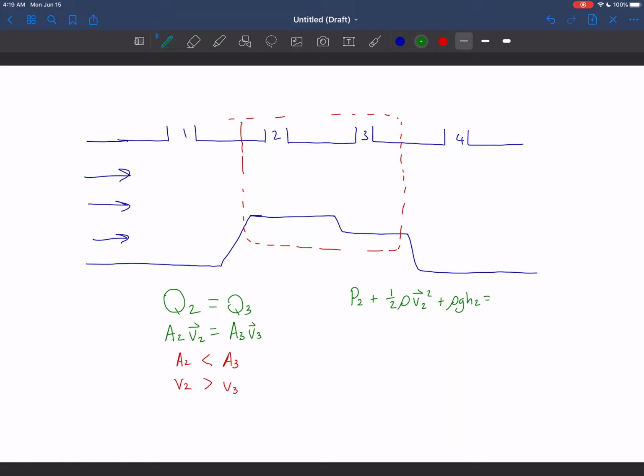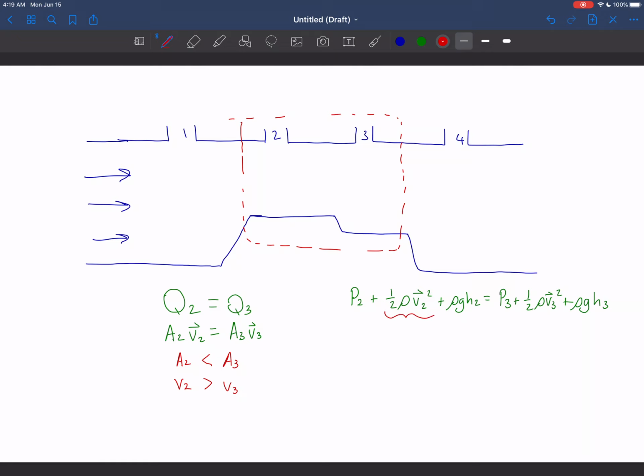You'll see it represented as Z, sometimes as H. This equals P3 plus 1/2 rho V3 squared plus rho g H3. And what are we saying here? This is basically saying that the pressure on this side has to equal the pressure on this side. If you look at my video on Bernoulli's equation, it'll make a little bit of sense.